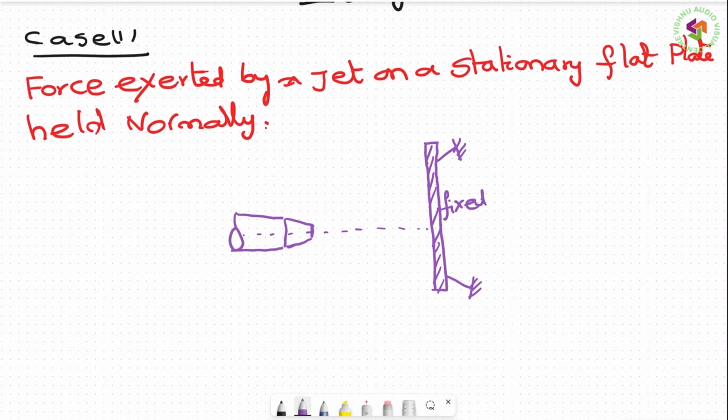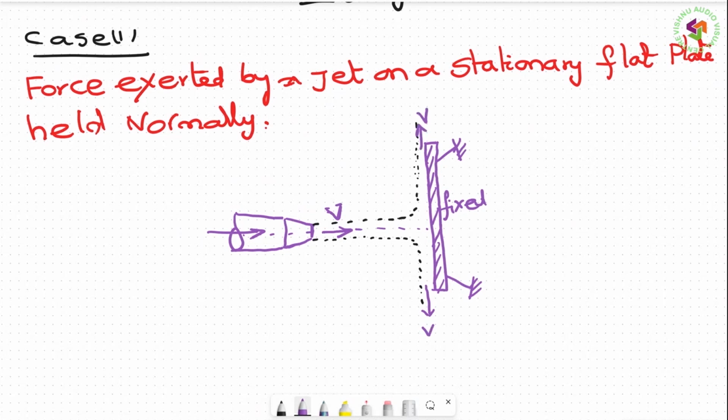So this is the nozzle from where the jet is coming out, striking the plate and leaving parallel to the plate. The jet is coming out with a velocity v and leaves the plate with a velocity v.